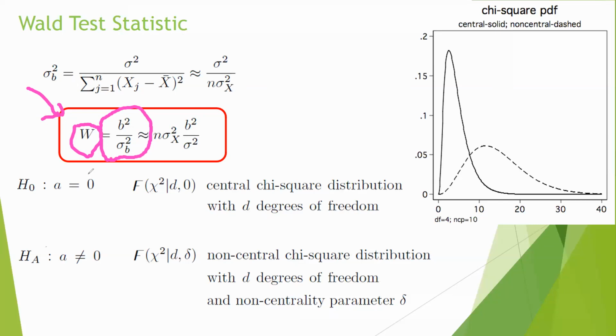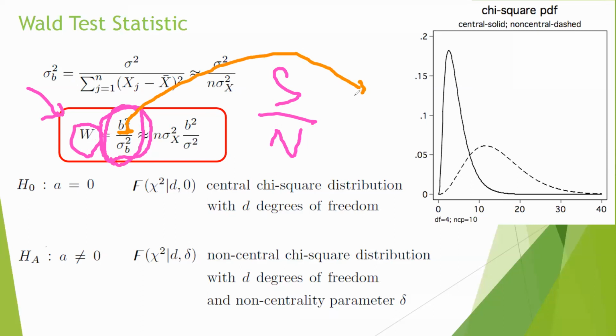We spent some time to discuss how we create this Wald test, which is a ratio, something like a signal to noise ratio. Here we want to test this B, suppose we're testing the additive effects.